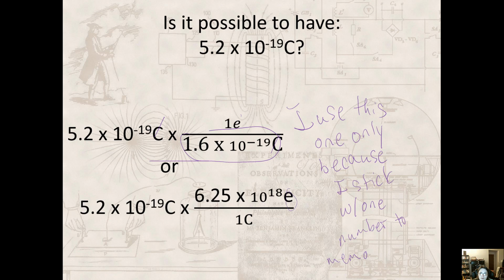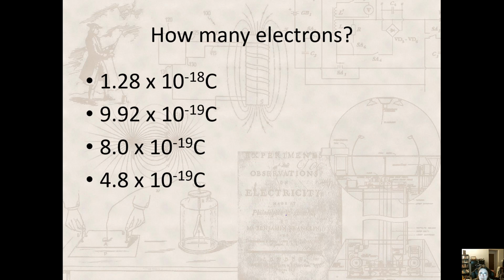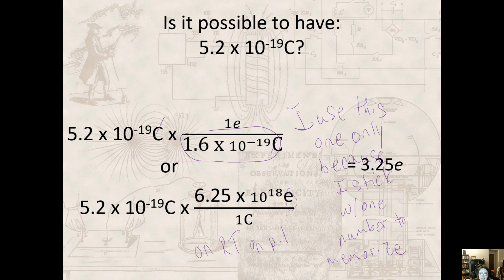But you do need to know how to convert from elementary charge to coulomb, but this is again on your reference table on page 1. Okay, so to actually do this, it's equal to 3.25 electrons. So if you say that it's equal to 3.25, it's not allowed because it's not a whole number.